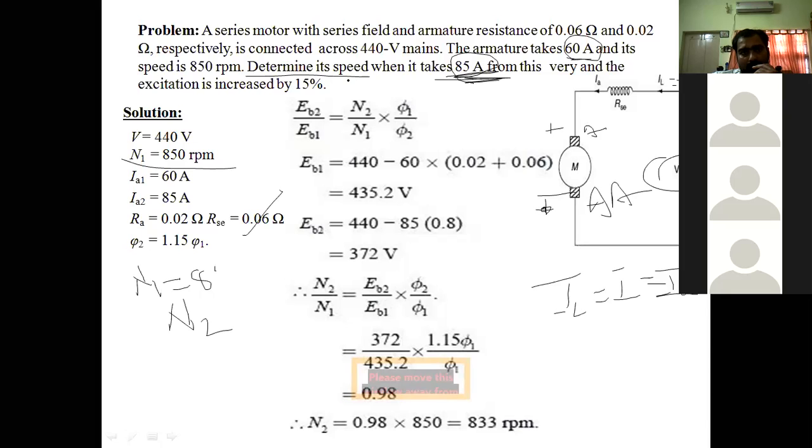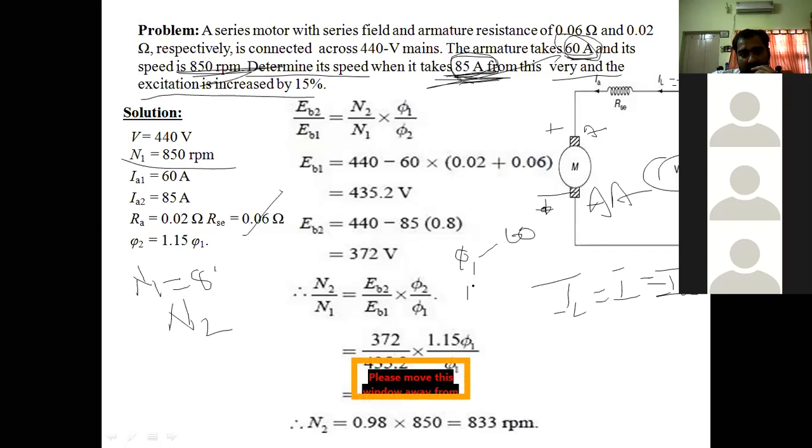He has given one more point regarding the flux: the excitation is increased by 15%. At 850 RPM and 60 amperes, we consider the flux as phi 1. At 85 amperes, he has given that the excitation is increased by 15%.